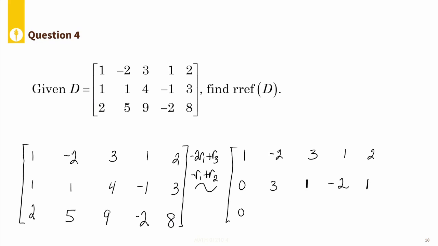We all agree that that should be the second row. -2 times -2 plus 5.